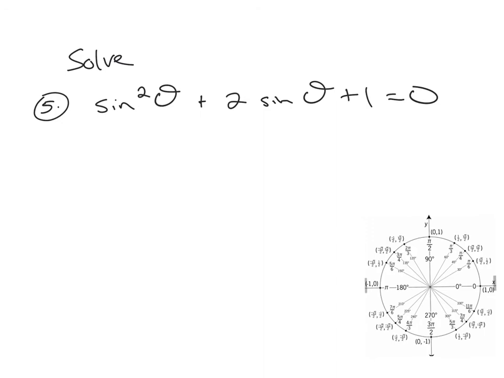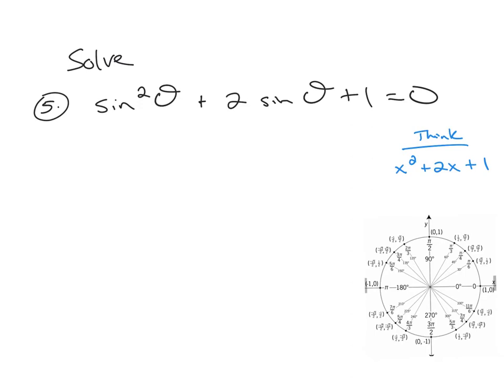Next up, this one's a little bit more complicated. We have sine in multiple spots. So this is one where we have to set it equal to 0, which it's already done, and factor. So here's your little side example. This one might be a little bit easier to understand. If we wrote x squared plus 2x plus 1, if I told you to factor that, this would be a problem.